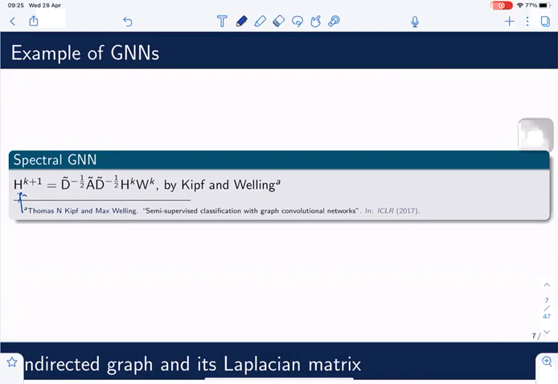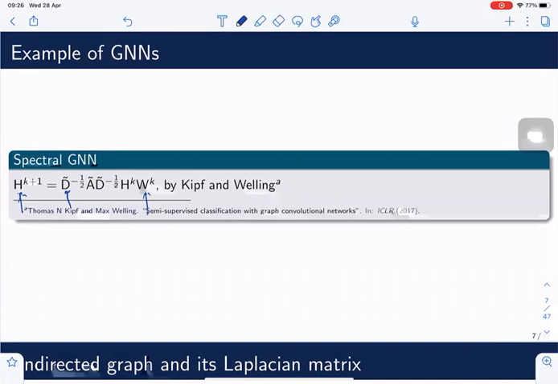Also, like I mentioned before, spectrum GN originated from signal processing and is more mathematical. The D here is the degree matrix, A is the adjacent matrix, and the D with tilde and powered by negative 0.5 means normalization, and W is also a learnable parameter. But from my perspective, I do love this GN because it strictly follows the layer-wise rule.